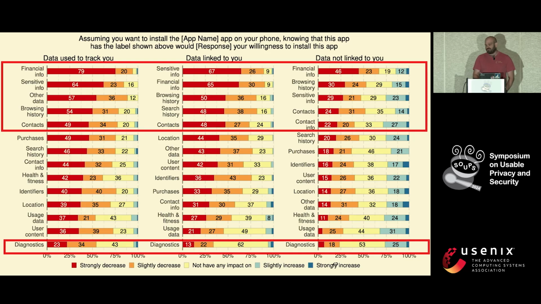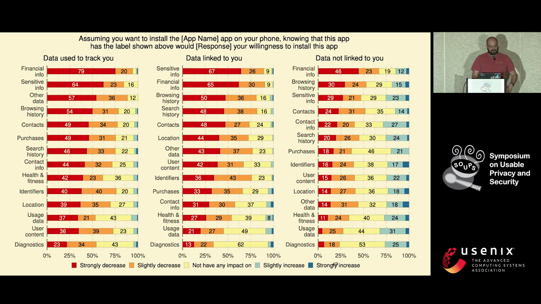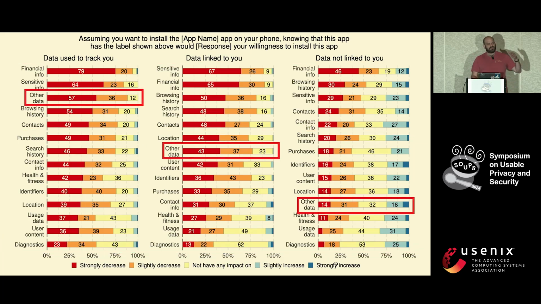But one of the other things you can observe in here is a trend downward as the privacy type, from data tracked to not linked, gets less invasive. You can see this with other data. It's really weird to hear, oh, you're tracking my other data, and it makes people very anxious. But it gets less important when it's, oh, you're collecting other data, but you're not really linking it to me.